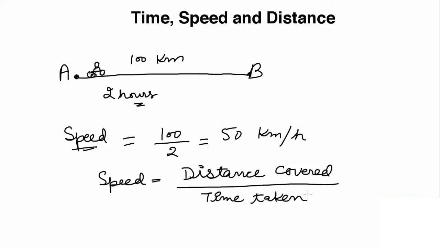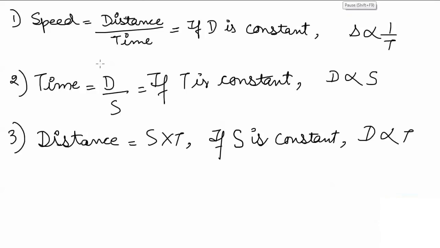So you can also write it like time taken is equal to distance divided by speed, or you can also write it as distance covered is equal to speed multiplied by time. So here are three derivations that you should know to solve the questions from this chapter.